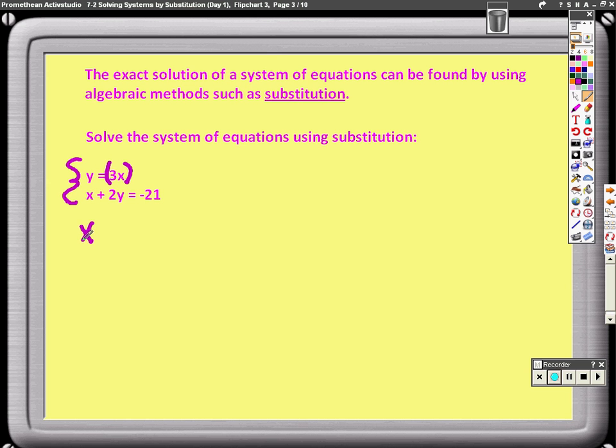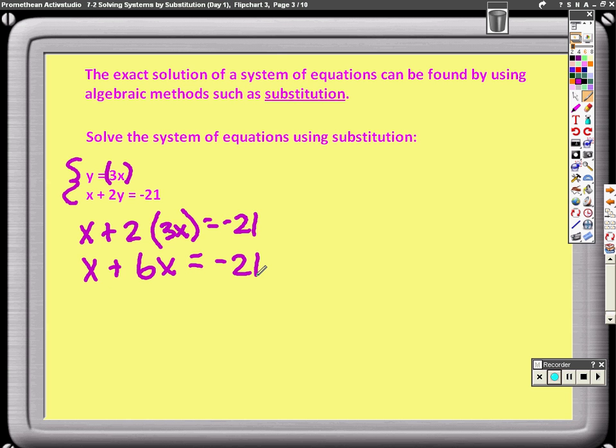So I have x plus 2 times 3x equals negative 21. Then I just solve for x. So I have x plus 6x equals negative 21. Combine like terms, and I have 7x equals negative 21. I'm going to divide both sides by 7, and I end up with x equals negative 3.